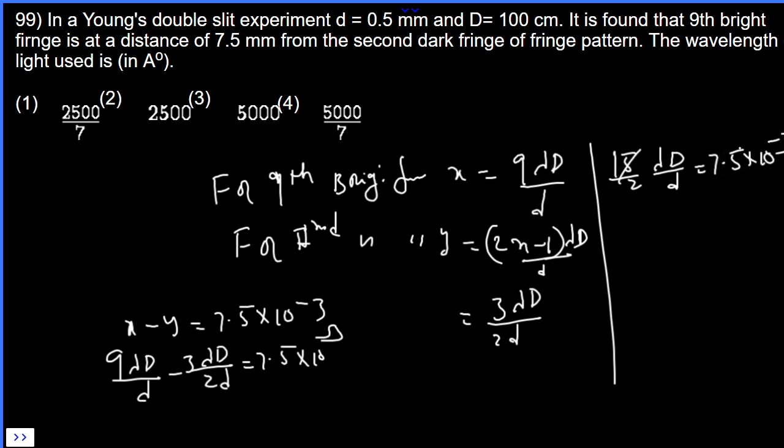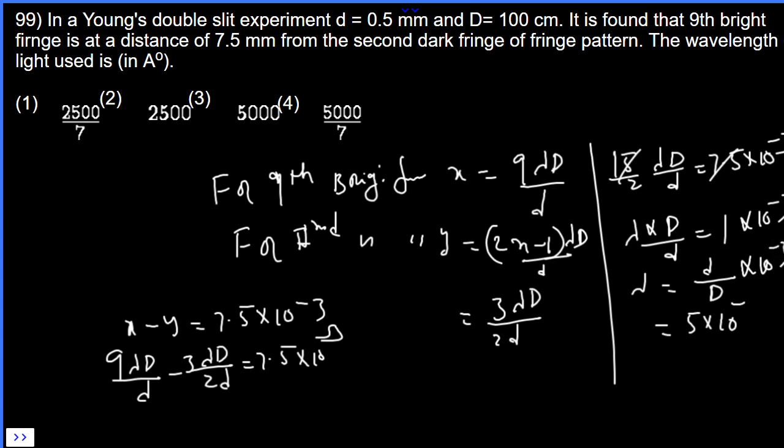So lambda is equal to small d by capital D, and small d value is 0.5 millimeter, that is 5 into 10 power minus 4, by 10 power minus 3, which gives 5000 angstrom. After converting into angstrom, 1 angstrom is equal to 10 power minus 10 meter. So option number 3 is the correct.